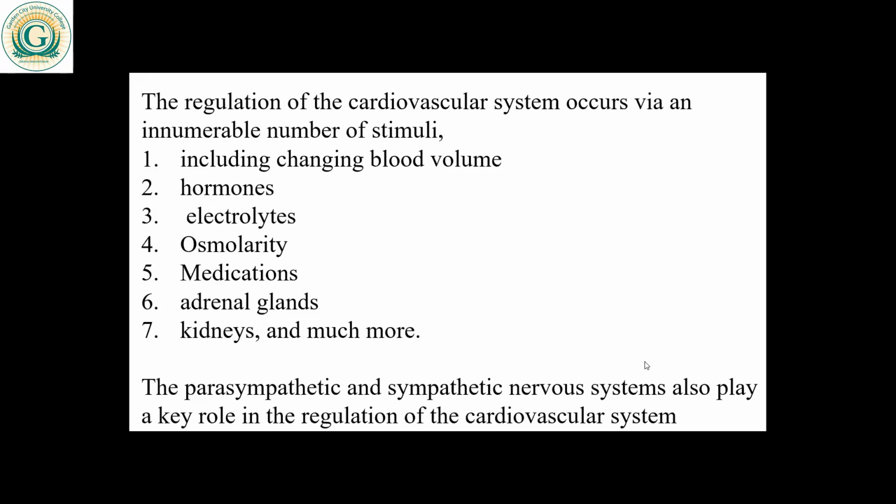So if we are to increase your heart rate or decrease your heart rate, depending on the circumstance, it is the nervous system that plays that role. So the nervous system, as I said, controls every system, including the cardiovascular system.